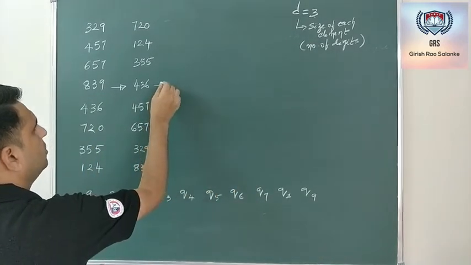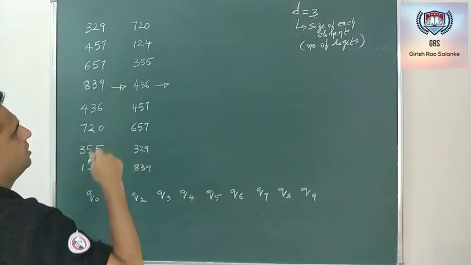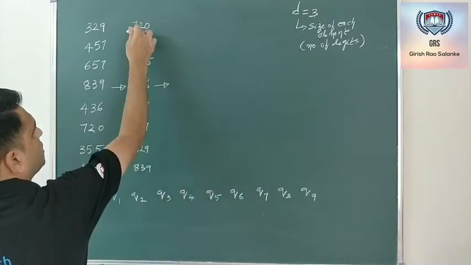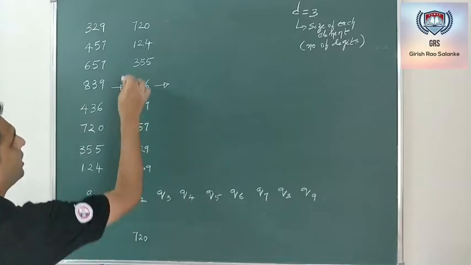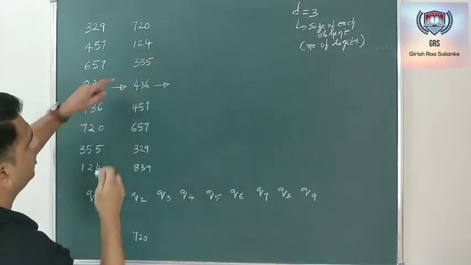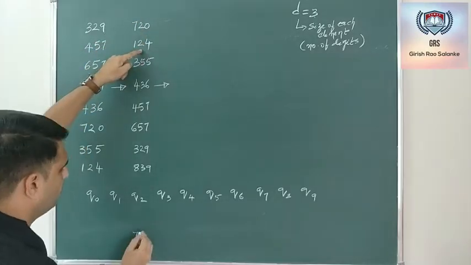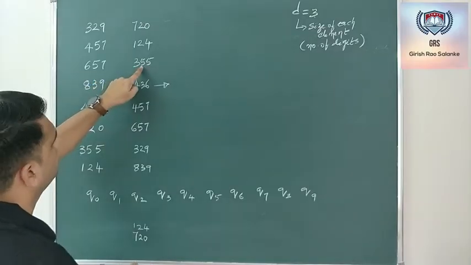Now what I need to do is consider the tens place. Based on the tens place, I need to put it onto the Q and extract. First one is 720, so it is Q numbered 2. Next is 124, so this is 2. I need to take the position of d as the tens place. 124. Next is 355, the middle digit is 5.